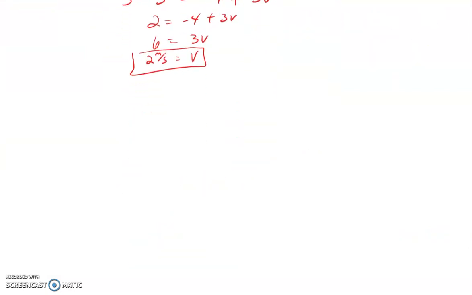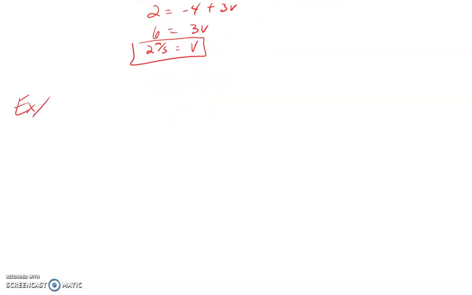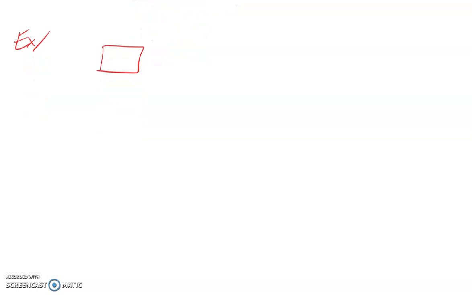Let's do one more elastic example. Let's have a 1 kilogram cart going to the right at 3 meters per second, and it's going to collide elastically with a 3 kilogram cart.